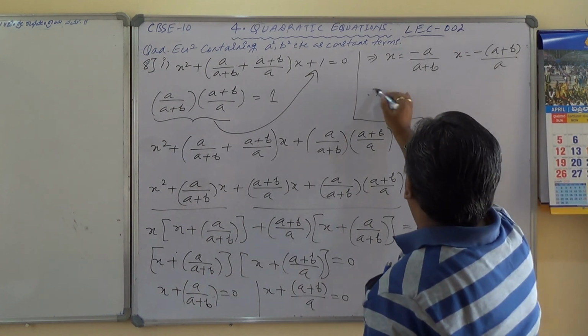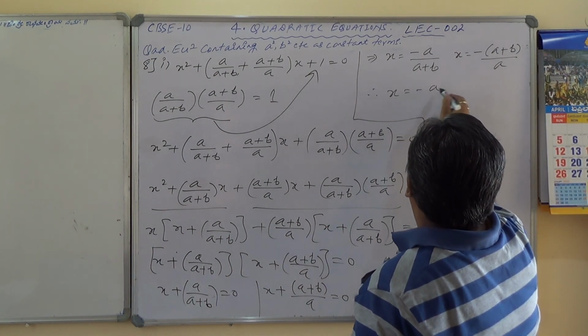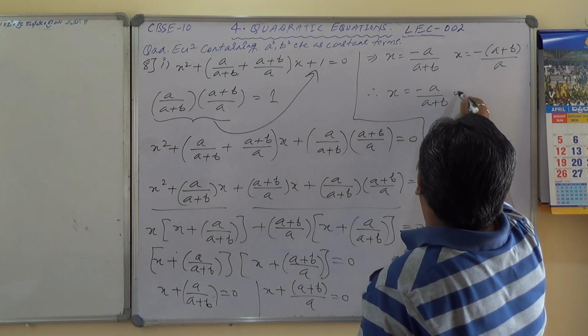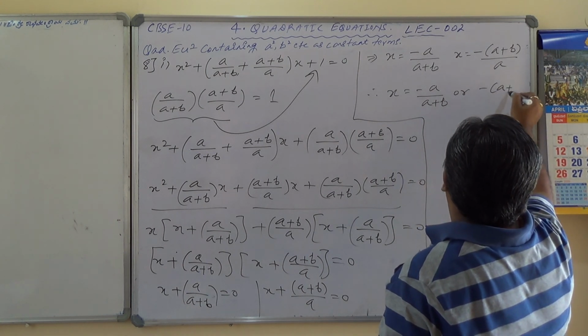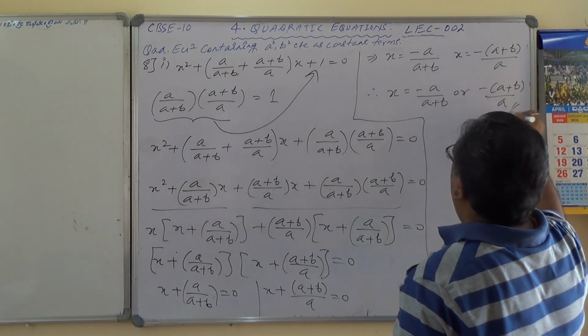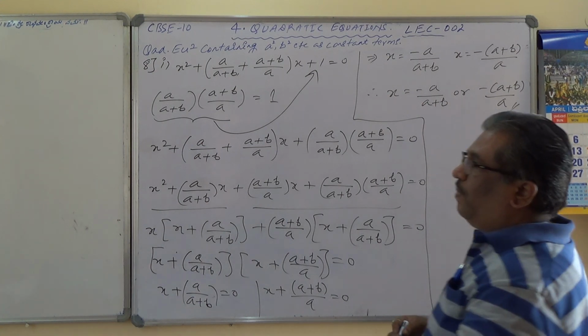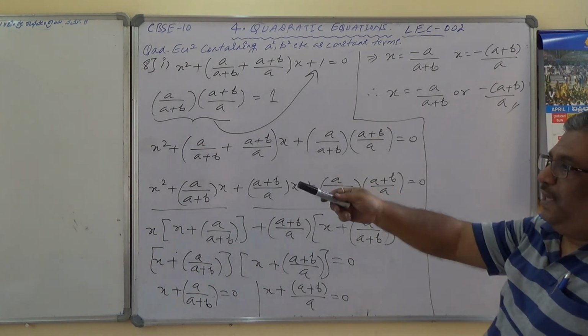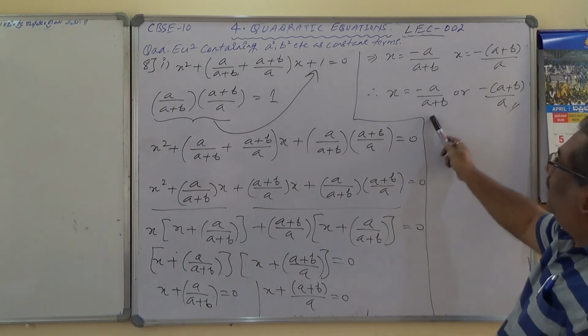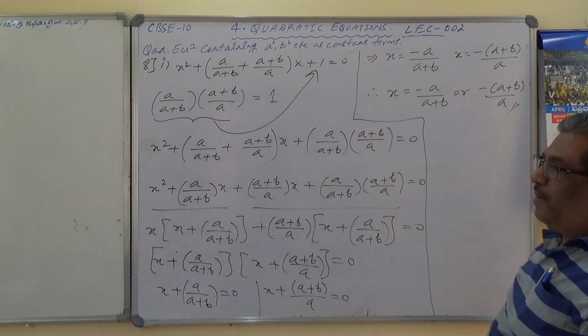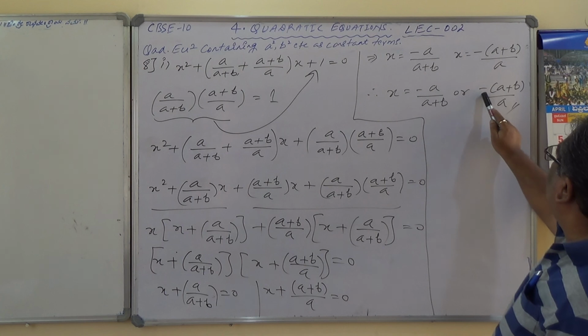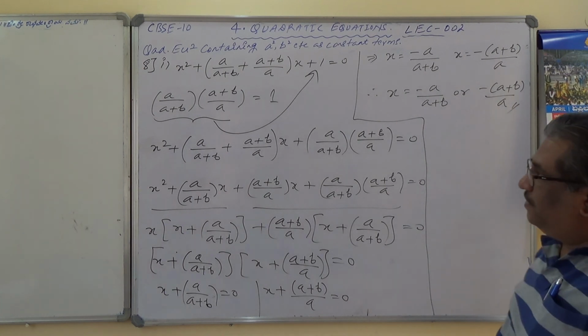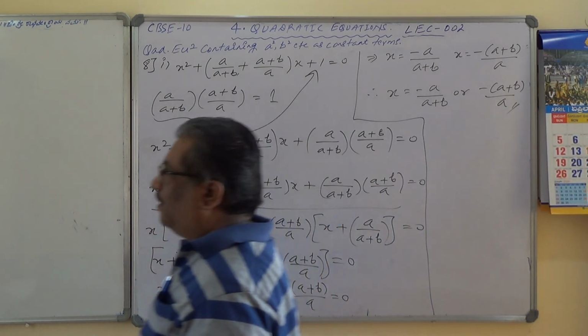Therefore, values of x equals minus a by a plus b or minus a plus b by a. Check the answer. Correct. Perfect. I hope you know how to solve these numericals.